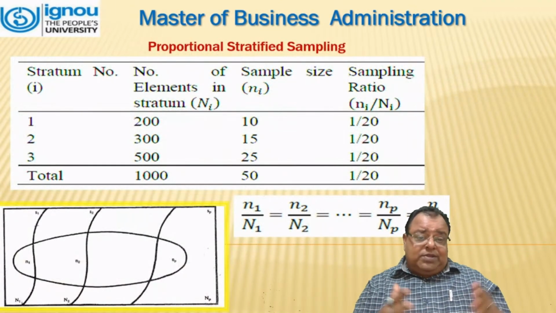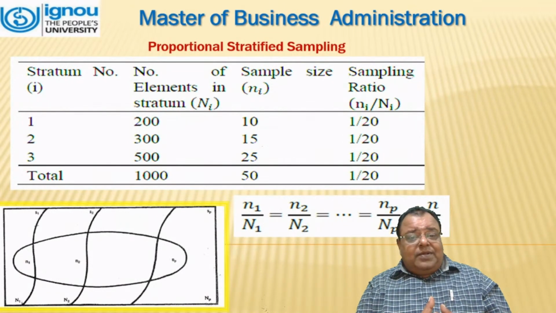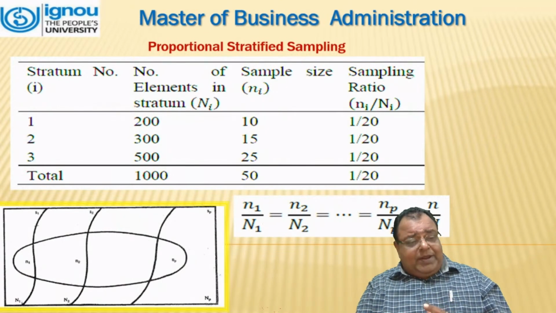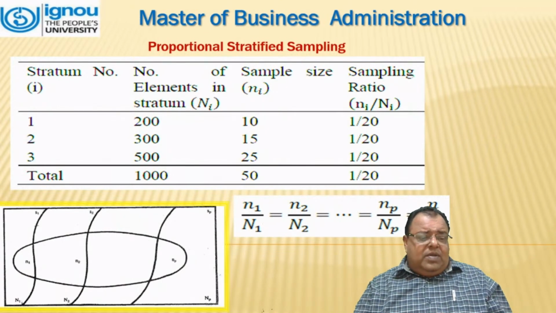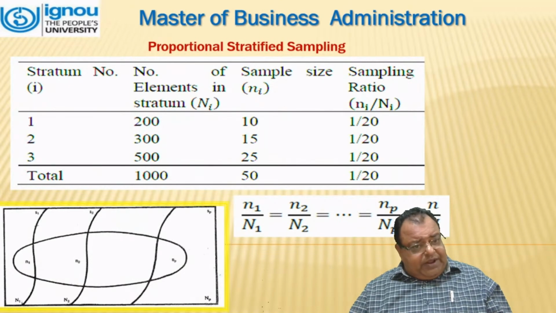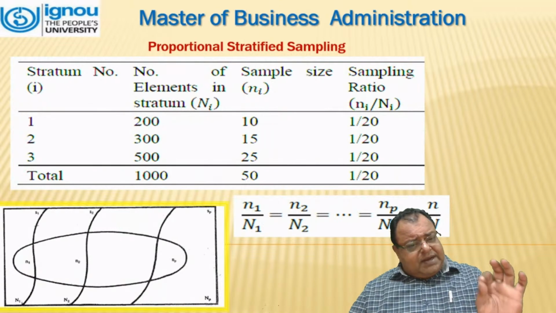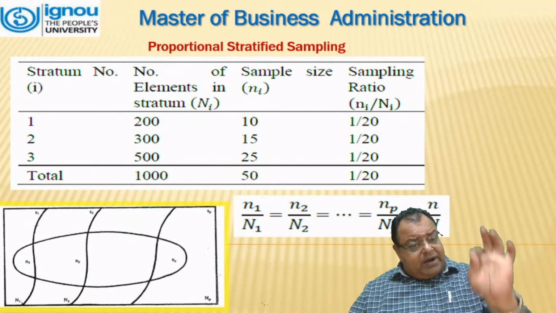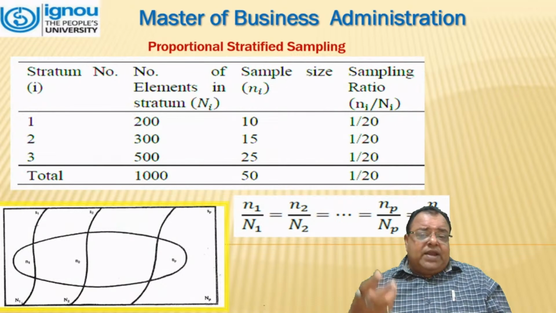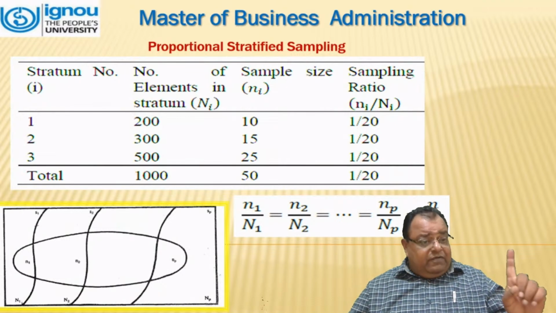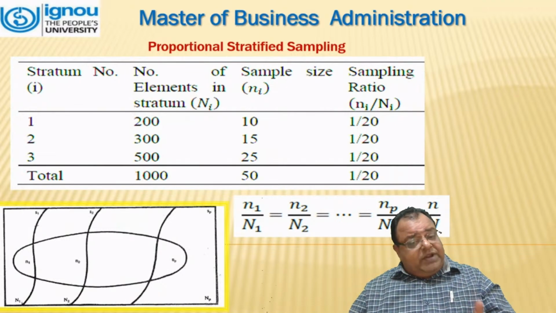Now we will see how what we have discussed mathematically comes into application. We have stratum number 1, 2, 3. The number of elements, or your sampling elements, in these strata are 200, 300, 500, total is 1000. We are taking a sample size of 10 from the first stratum, 15 from the second and 25 from the third.